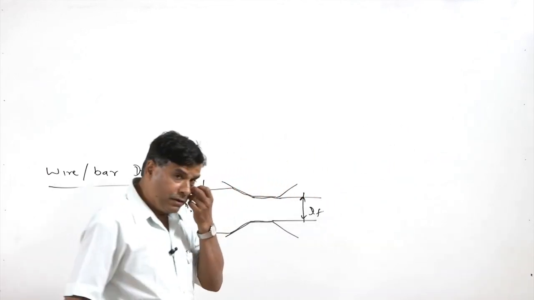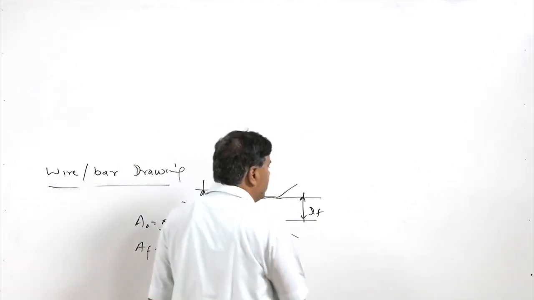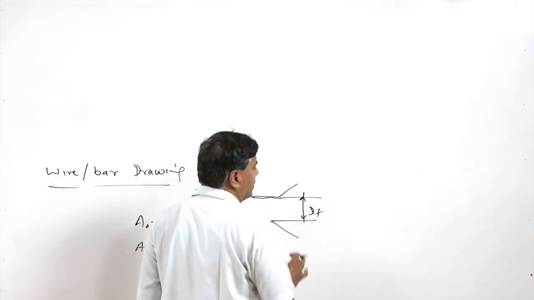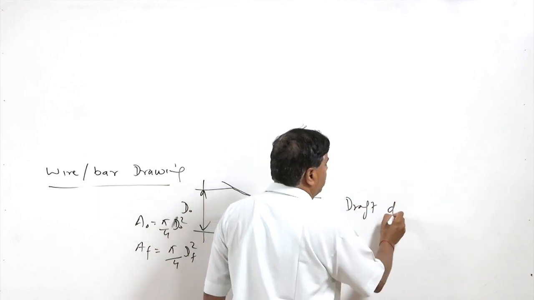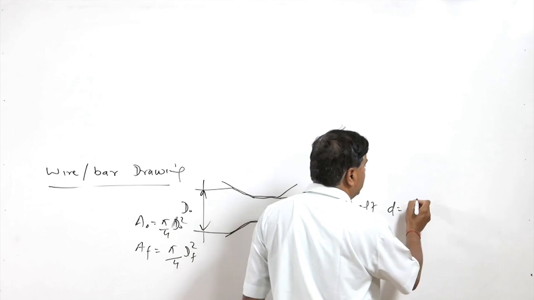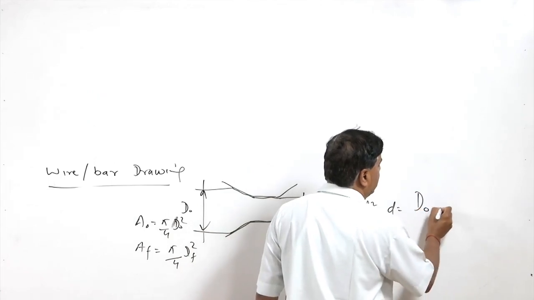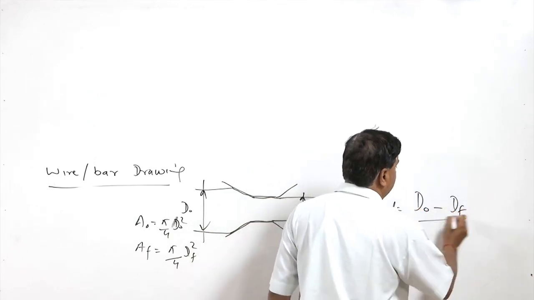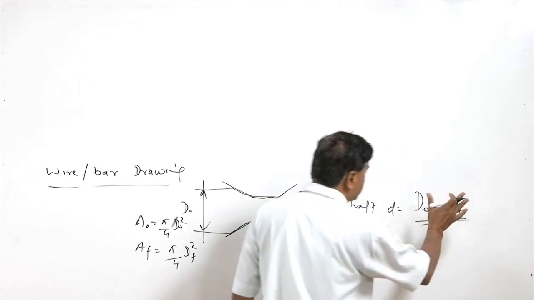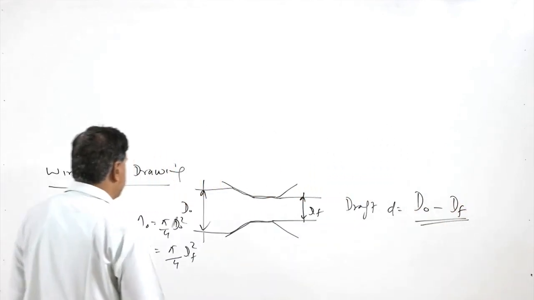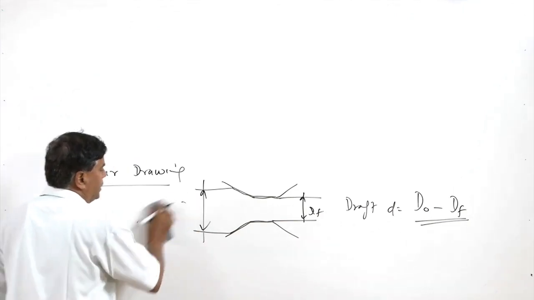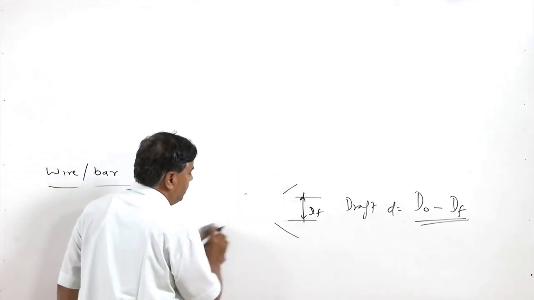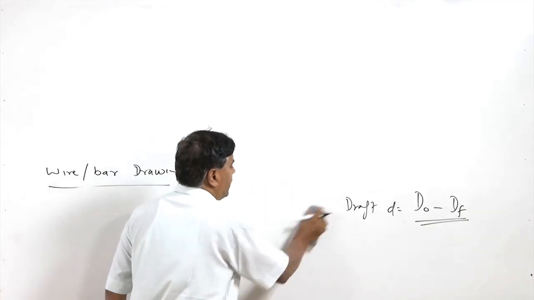Another parameter related to the change in cross section is the draft, where draft D is obtained from the difference between the initial diameter and the final diameter. So, this is a simple difference, the change in the diameter which is achieved after the wire drawing.